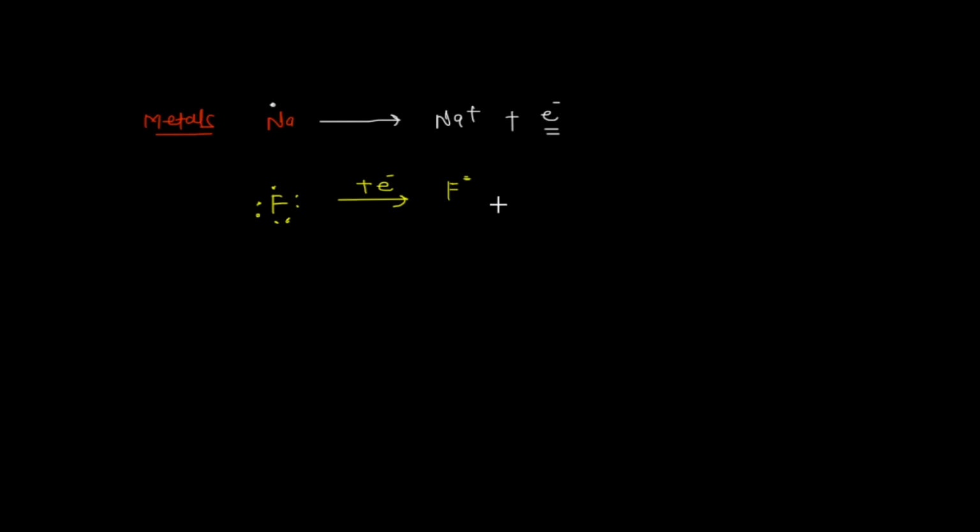After addition of an electron, a negative charge develops, and after losing an electron, a positive charge develops. So sodium loses an electron to form the Na+ ion, and fluorine gains an electron to form the F- ion. Okay, next.